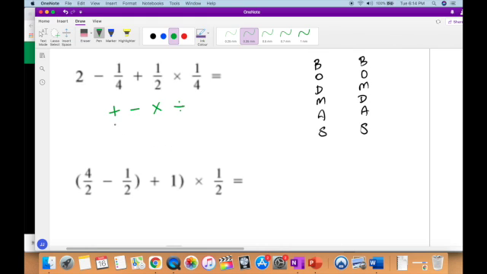Let's take addition and subtraction. Subtraction is just addition in the other direction. Subtraction is just you adding a negative number. So addition and subtraction is really the same thing. It's just addition.